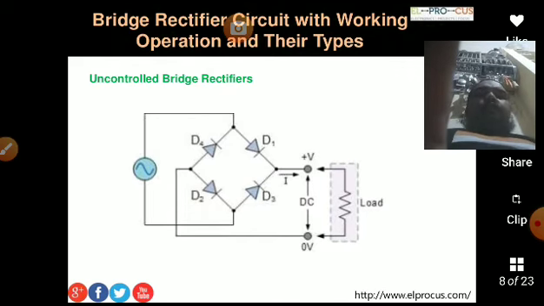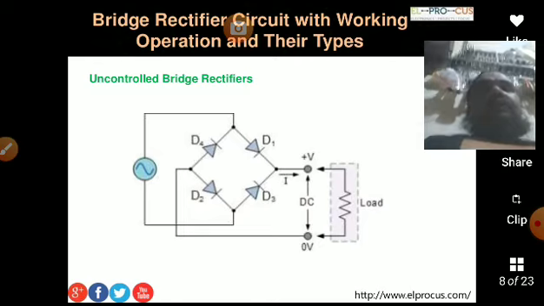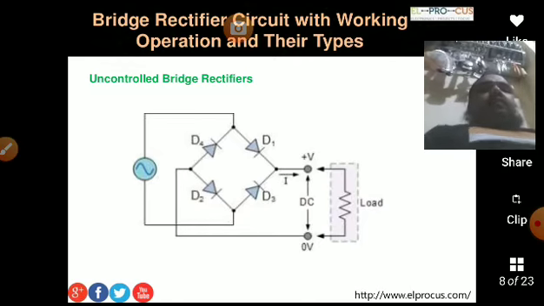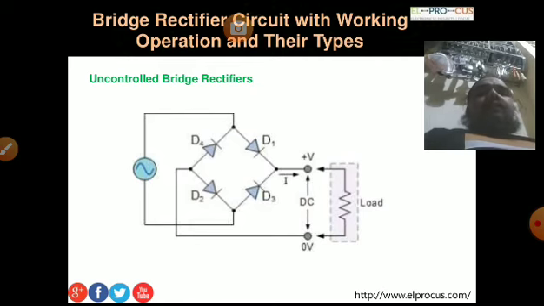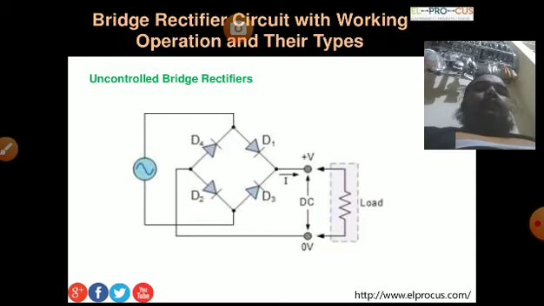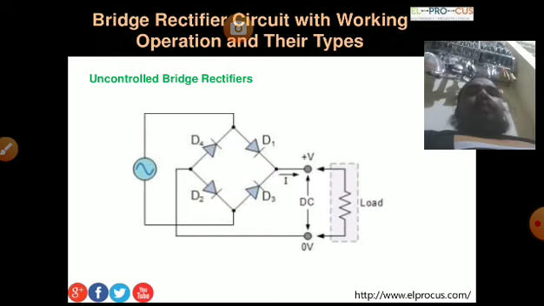We get the output voltage across the load resistance RL. The main importance of the rectifier is that the input AC voltage is converted into DC output voltage.